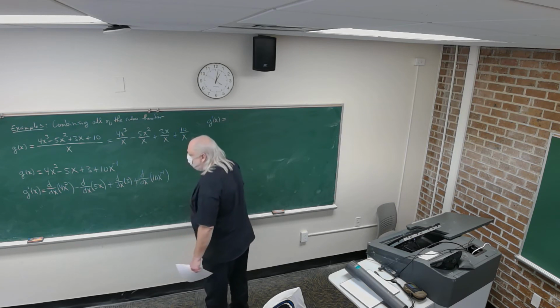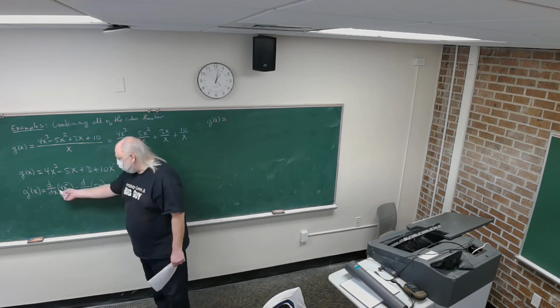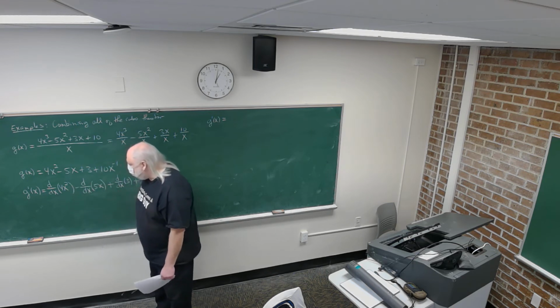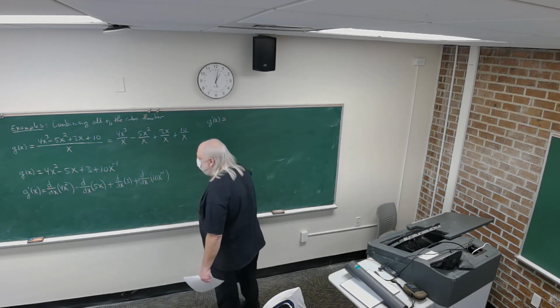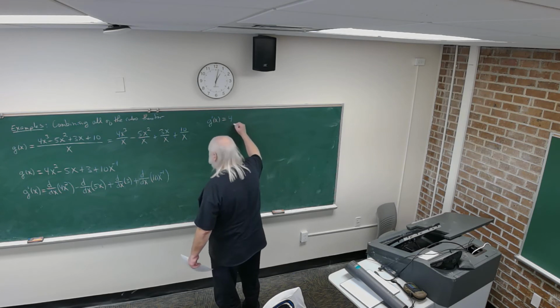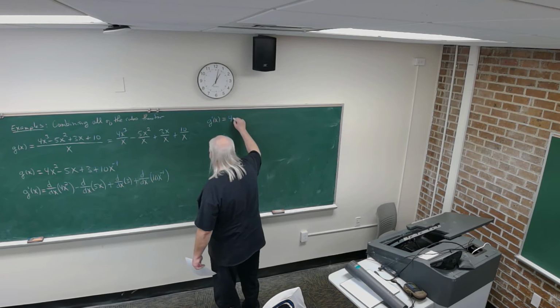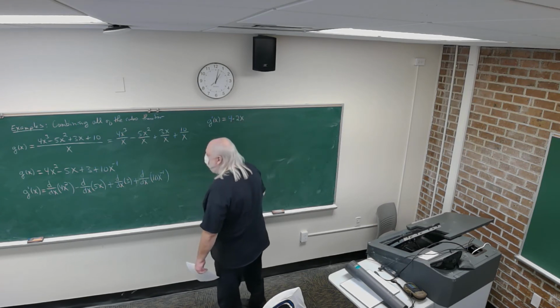So finding the derivative of the first term, right, we use the constant multiple rule plus the power rule. And we get the derivative 4x, right? The 4 is just a multiplicative constant we carry along. The derivative of x squared is 2x.